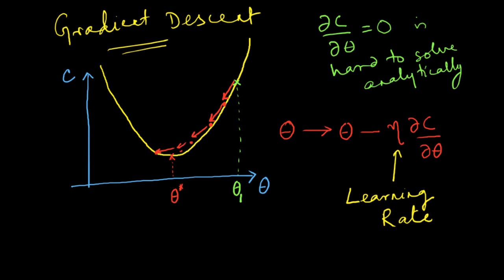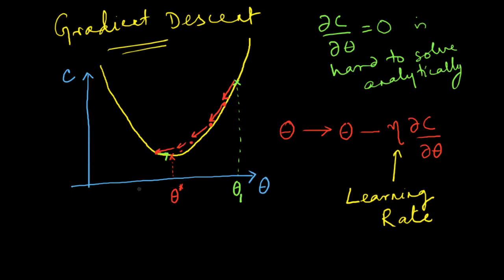So now what you do is that from here you move in the opposite direction to the gradient, and then you move towards theta star. So you keep doing this iteration till you are sufficiently close to theta star. So you will never ever reach theta star exactly, but that is not important to us. As long as we are close enough to theta star, we are doing fine.